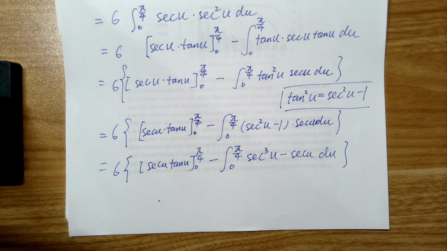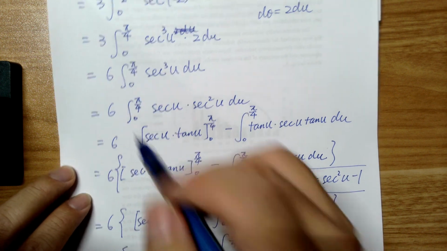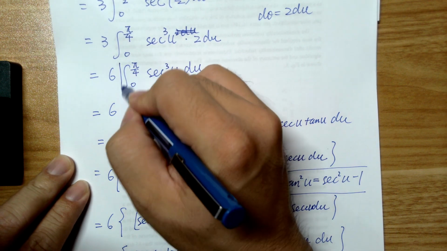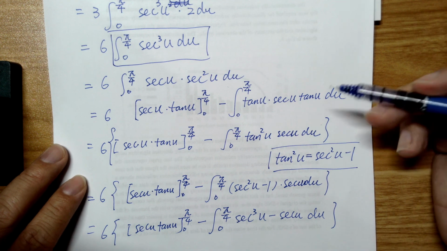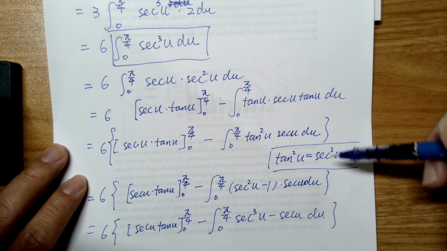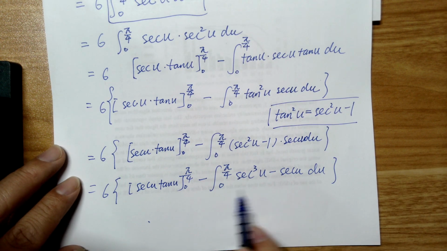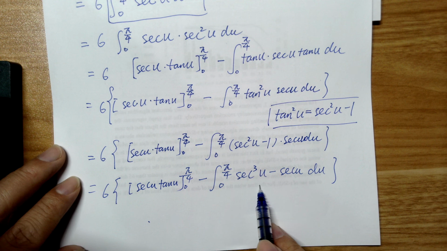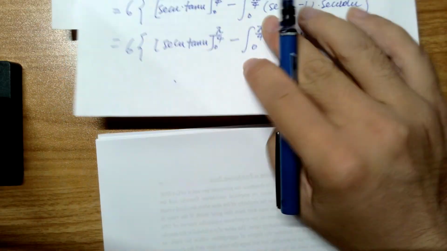So now the thing is, you see guys, don't forget that in the very beginning, up to this stage, we are evaluating this guy. And after integration by parts and applying a trig identity, we realize that this part appears again. So let me use another page to explain.